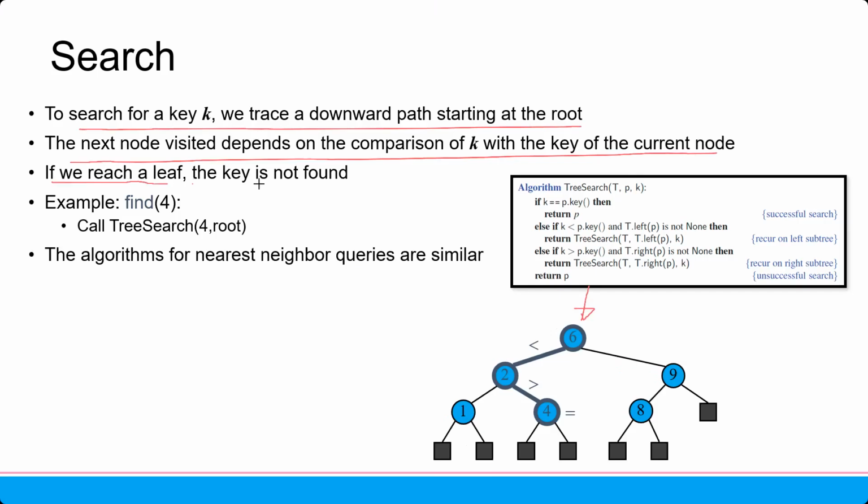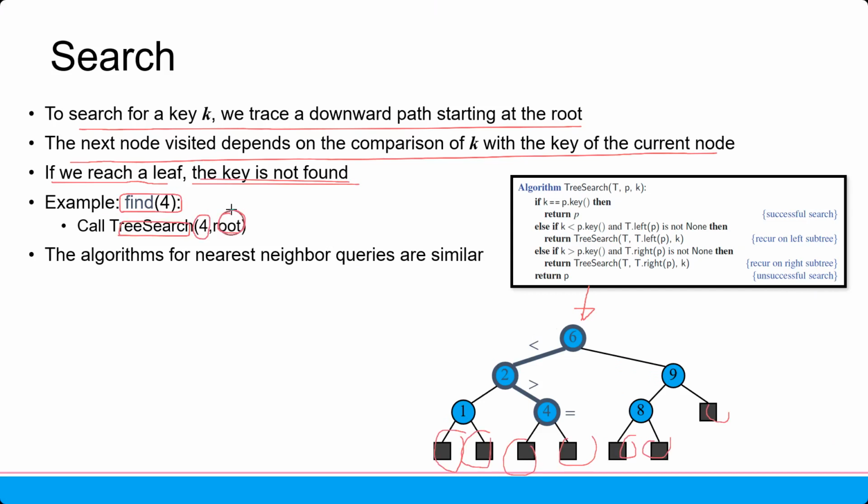If we reach a leaf, the key is not found. So if we reach this one, then it means the key is not found. Now, let's find 4. We want to do the tree search to find 4 from the tree.